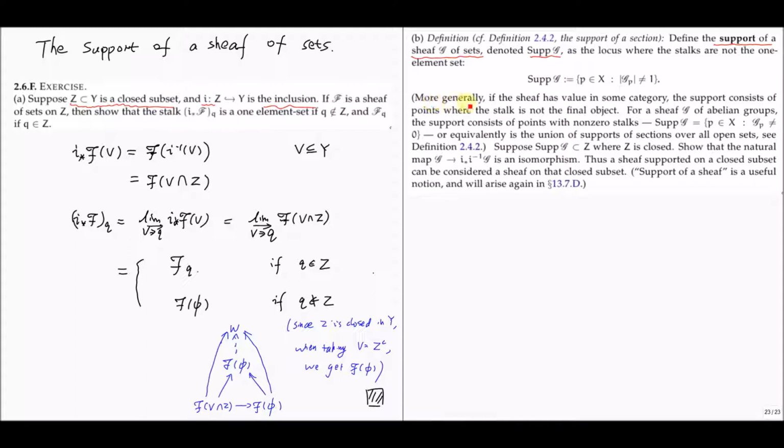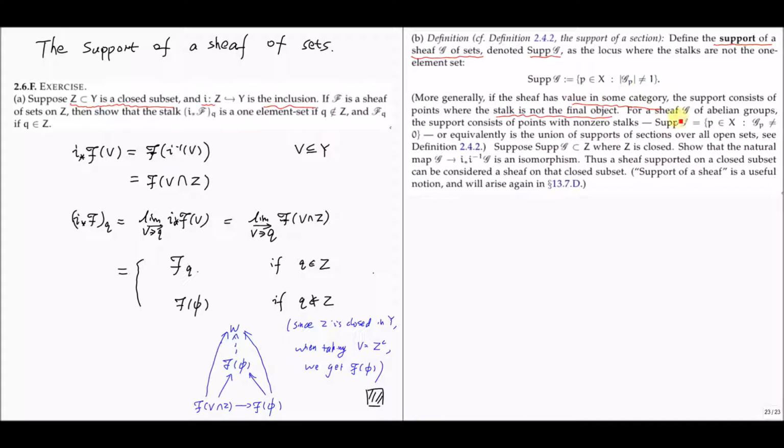And more generally, if the sheaf has value in some category, this condition will be replaced by that the stalk is not the final object. If the category is a category of sets, then the final object will be the one-point set. So this is a special case of this.